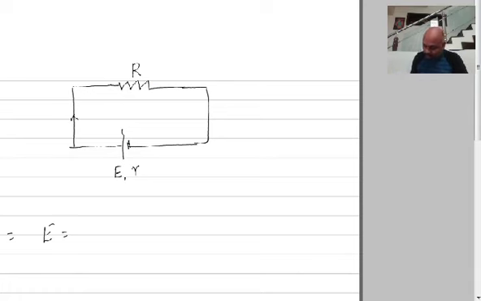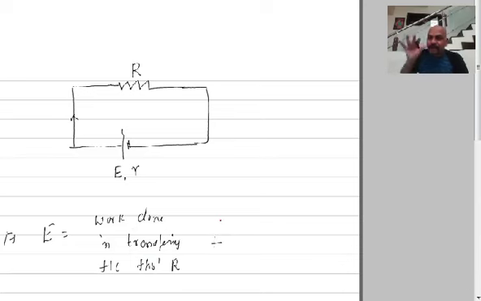Therefore, the EMF of a cell is equal to the work done in transferring plus 1 coulomb charge through the external resistance R, plus there will be some internal resistance. We will learn about the internal resistance later.